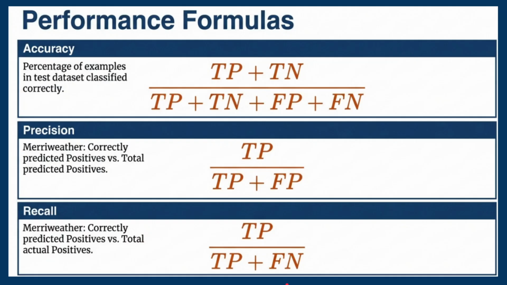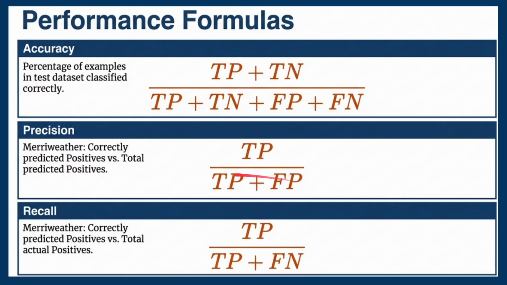Okay, so now the formulas are given. We have three formulas here. Accuracy, we have just seen before. It is given as TP plus TN over all the predictions, TP, TN, FP, FN. Then precision, the formula is true positive by TP plus FP.